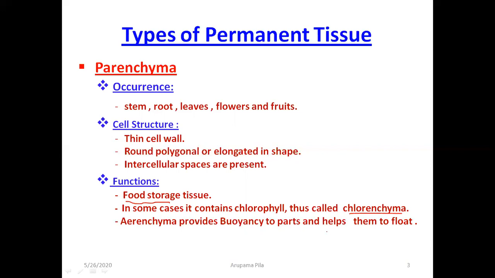Okay, now what is the meaning of this third point? Dear children, in aquatic plants, large air cavities are present in parenchyma to give buoyancy to the plants to help them float. Buoyancy means upthrust. Upthrust is an upward force exerted by a fluid that opposes the weight of a partially or fully immersed object.